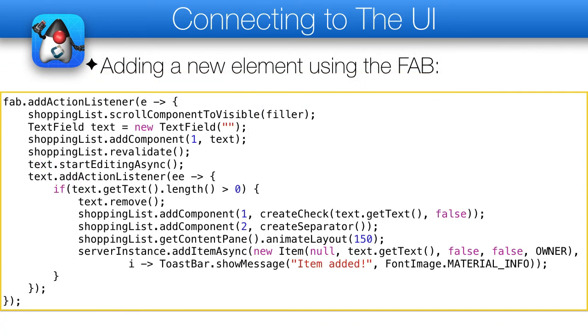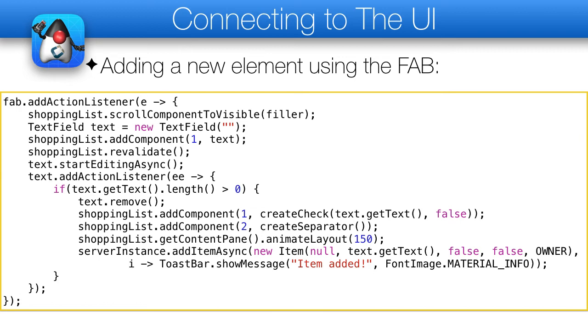Now, the next thing is I want to add an actual new element, so I want to call the add method. The add method should work through the floating action button. And so far I didn't bind any action to it, so now I'm binding an action to it. And actually most of this is actually UI code and not so much web services, but it's still interesting. So I'm binding an action listener to the floating action button, the plus button there.